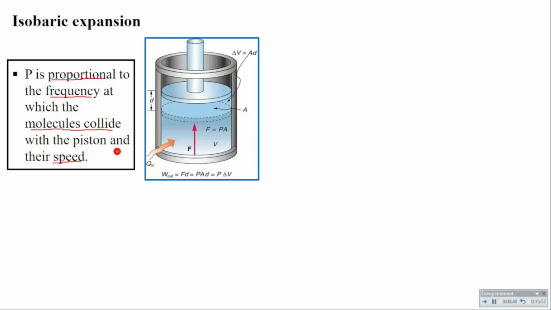Now when you are expanding, you are increasing the distance the molecules have to travel, and the collision frequency is going to decrease. So that means the pressure is going to decrease.